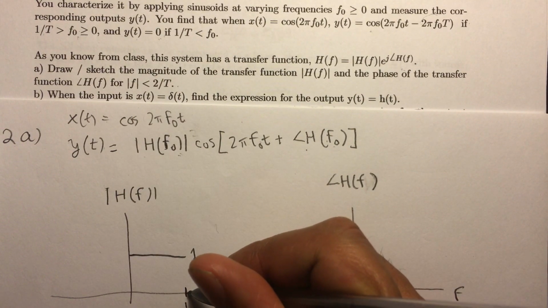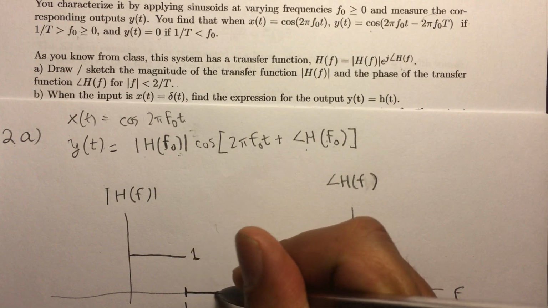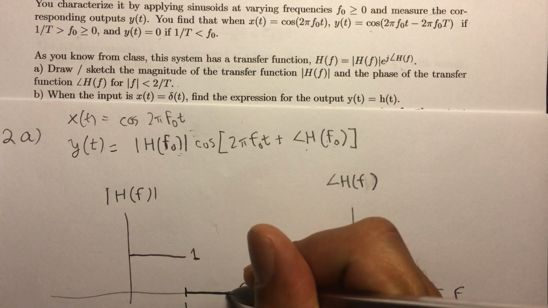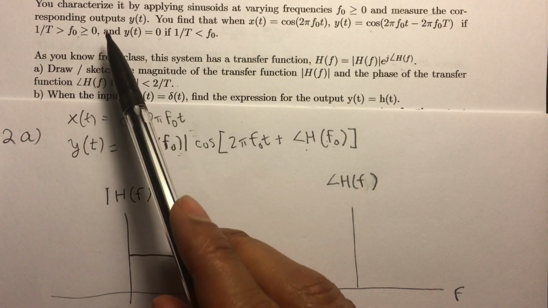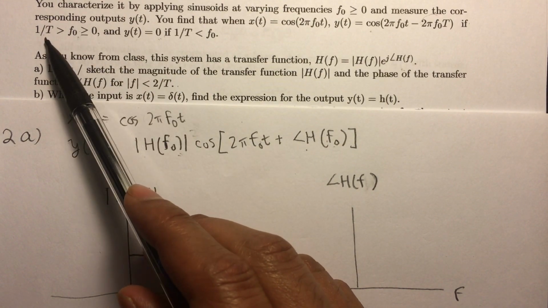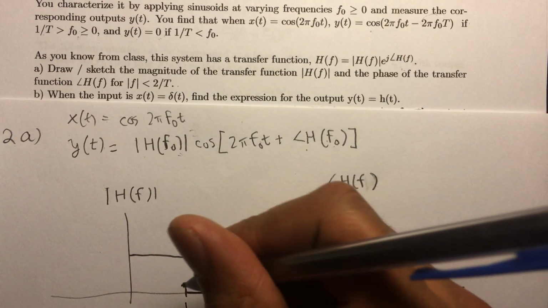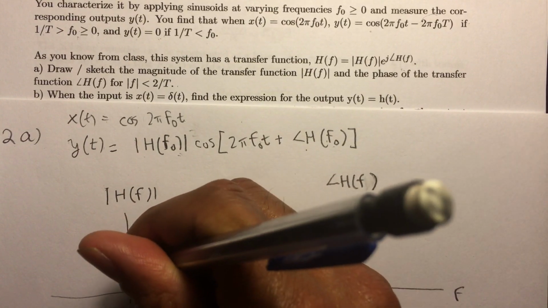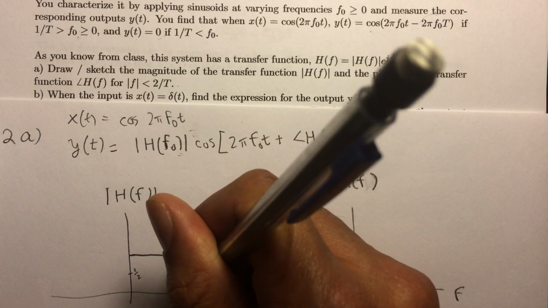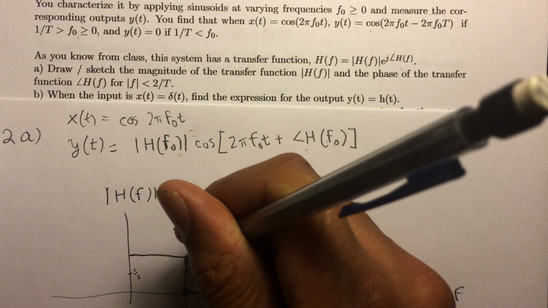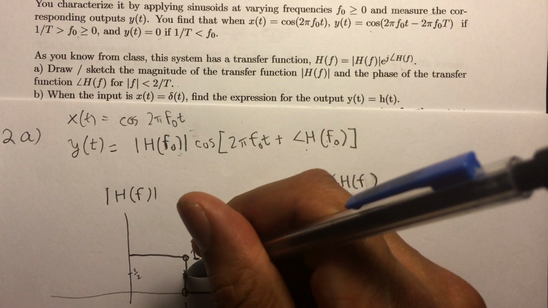So it's going to look something like this. And actually, we didn't specify what happens at f naught equal 1 over T, so let's just choose it equal to 1/2.